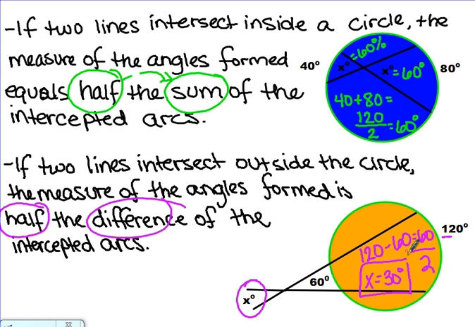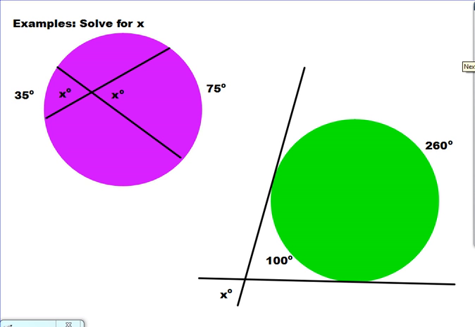So inside the circle, add the arcs and divide by 2. Outside the circle, subtract the 2 arcs and divide by 2. What I'd like you to do now is draw out these examples as best you can in your notes, and then solve for x in both the purple circle and the green circle, and we will check them in class.